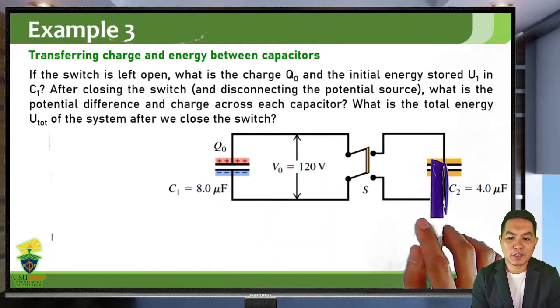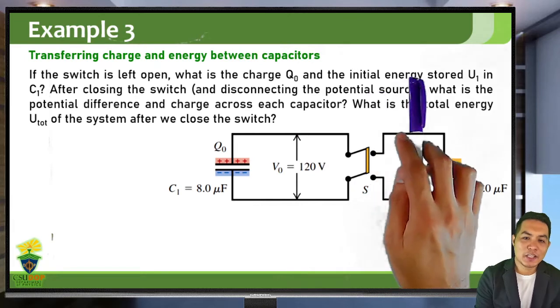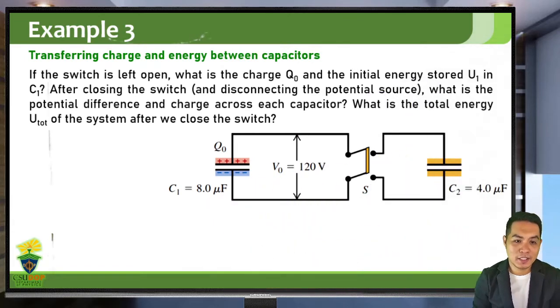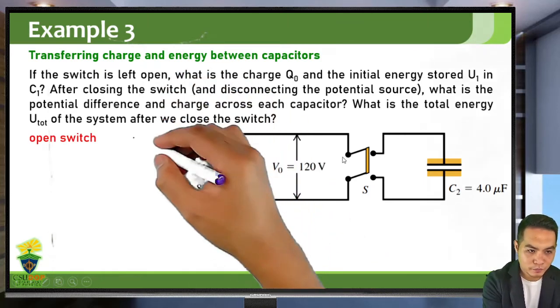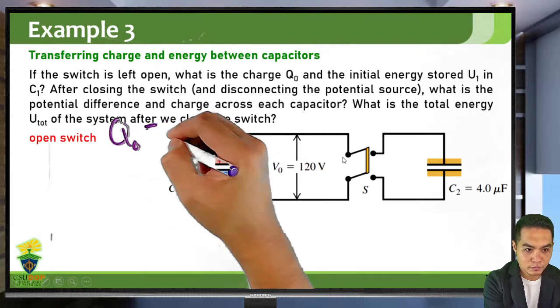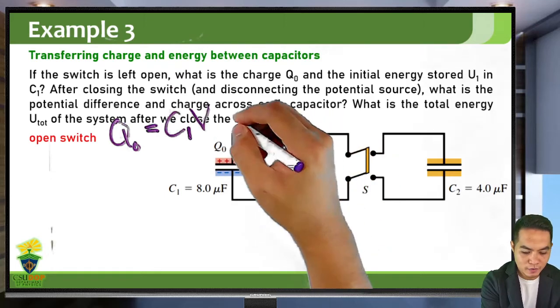So the question now is, if the switch is left open, if C1 is not yet connected to C2, what is the charge Q naught and the initial stored energy U1 in the capacitor C1? So of course, when the switch is open, Q naught is basically the capacitance times the voltage.